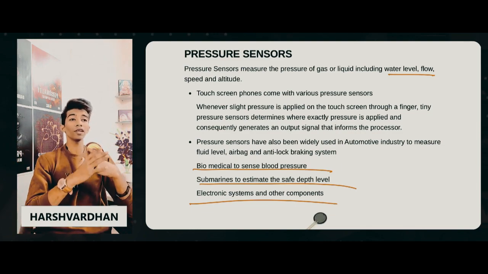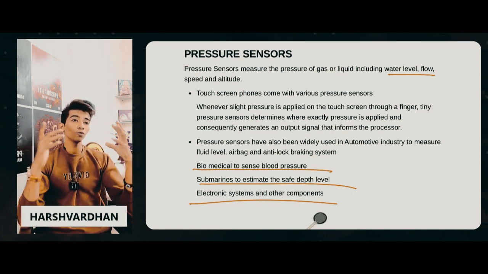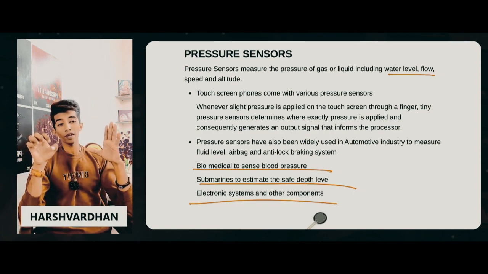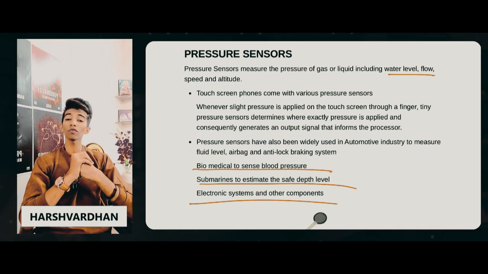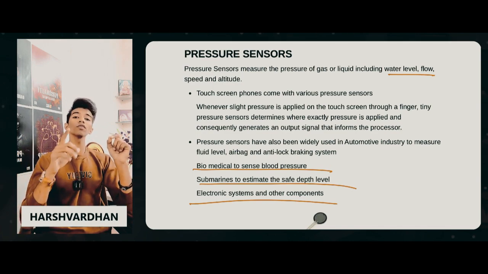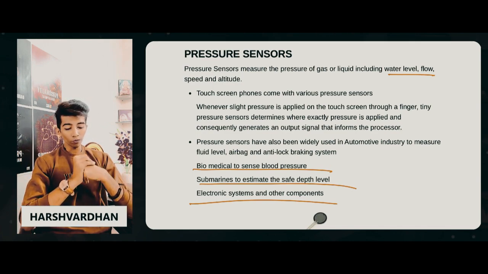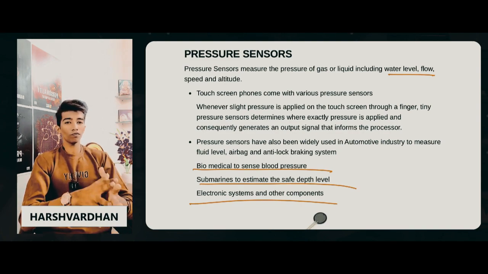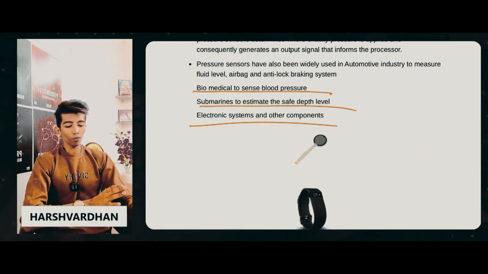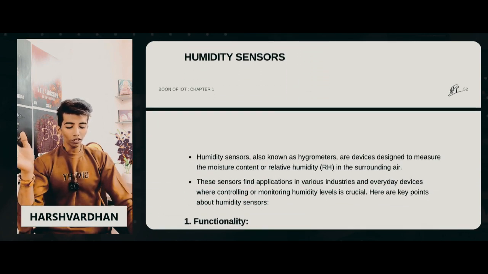Many people say it is like the weight of 11 elephants on a submarine when it travels through the water. So it is a very tough job, and the pressure sensors take the job for you. Likewise, the touch screen is a pressure sensor, so it works according to your pressure. These were the basic examples.